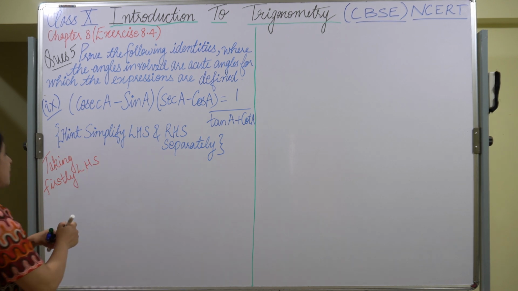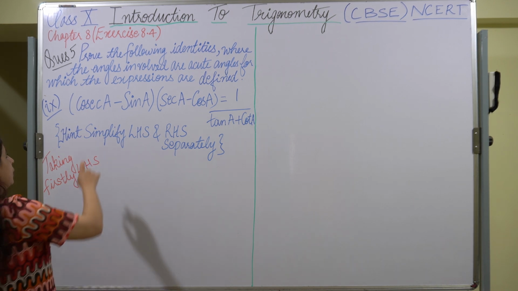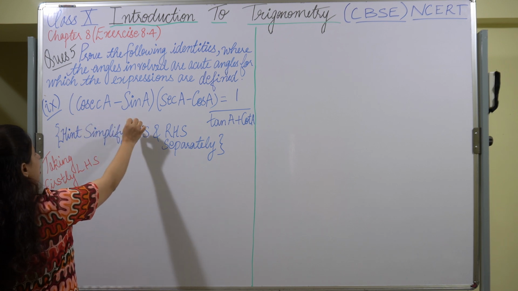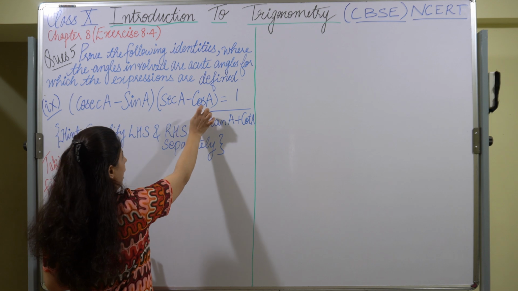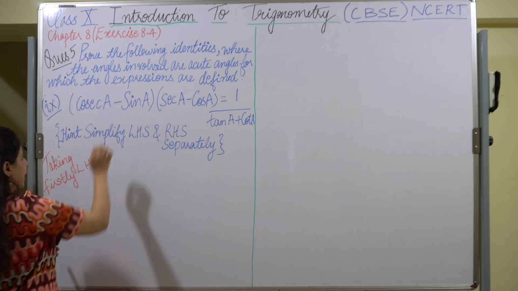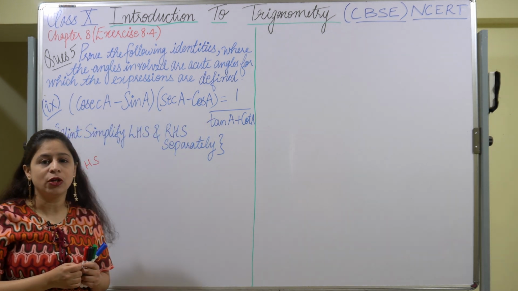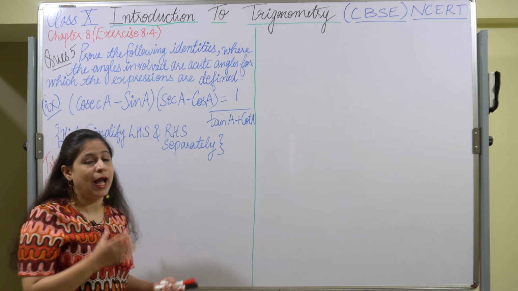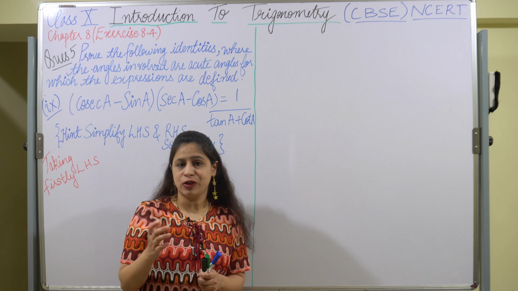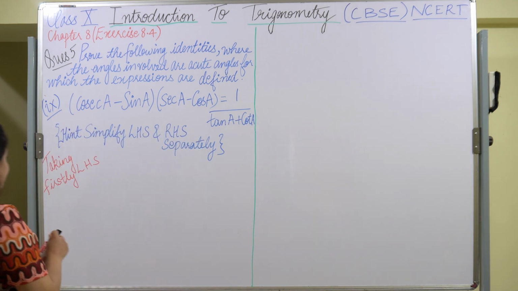So in the LHS we can see we have been given cosec A, sin A, sec A and cos A. So I can write sin A equal to 1 upon cosec A, because sine and cosec are reciprocals of each other.